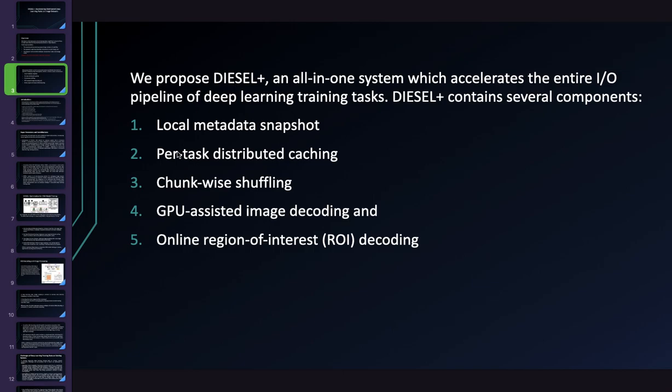First is the local metadata snapshot, per-task distributed caching, chunk-wise shuffling, GPU-assisted image decoding, and the last one is online region of interest decoding. These are the main components of the Diesel Plus system. Later we will see each of these terms.